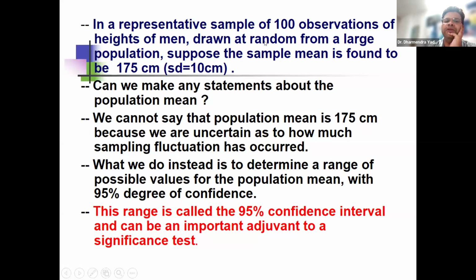Yes. So ma'am, this is the representation of 100 observations of heights of men drawn at random from a large population, and the sample mean is found to be 175 centimeter. This is the sample mean, and the standard deviation is 10 centimeter. So we get these sample values from a population.